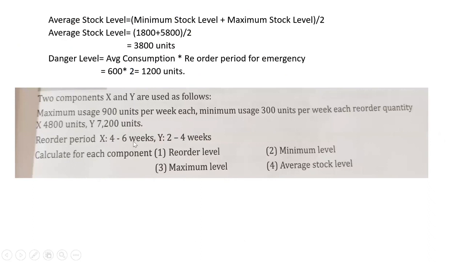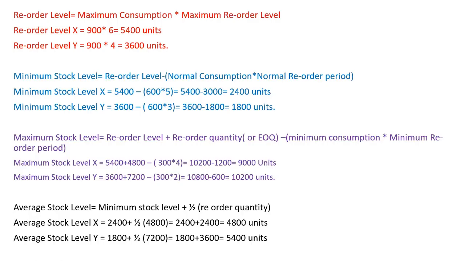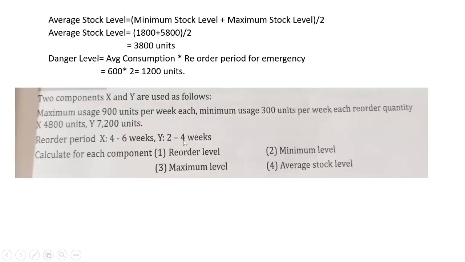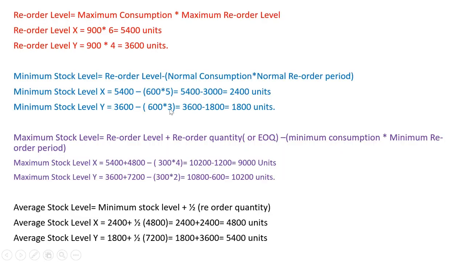Again, the period is also not given. So 4 plus 6 divided by 2, that is 5. Fine. So you will get 5,400 minus 3,000, the minimum stock level for X is 2,400. For Y, it is the same: the reorder level is 3,600 minus normal consumption, which is the same, but normal reorder period is 2 plus 4 divided by 2, that is 3. So you'll get 1,800 units.